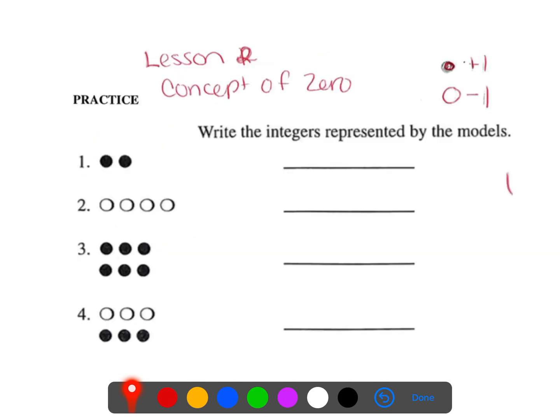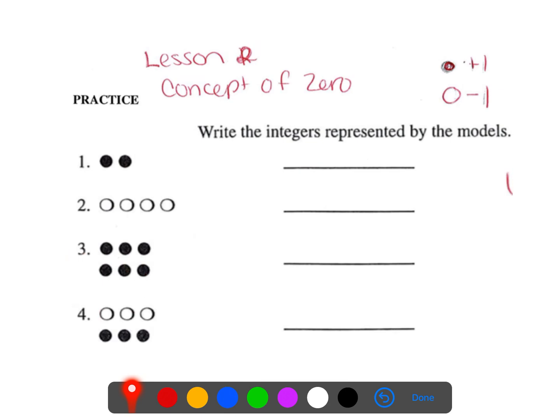Okay, finally, over on the back of your sheet, we've got a little practice with integers, and we're using some symbols here today. So there's a key written at the top of your paper, and it tells you that if it's a filled-in circle, it's representing a positive 1. If it's an empty circle, it represents a negative 1. So what we're going to do is we're going to write the values of these images for the different questions.